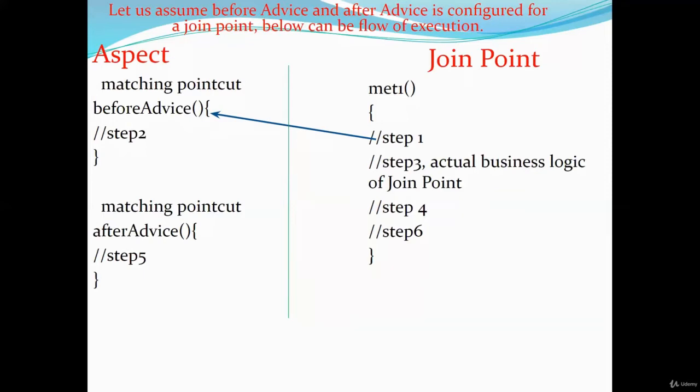Basically, it is an expression which says where this advice needs to get invoked. Does it need to get invoked for all the methods which start with the name MET? Let it be for MET1, MET2, MET9, MET100. Then very simple, you put the pointcut expression as MET star.